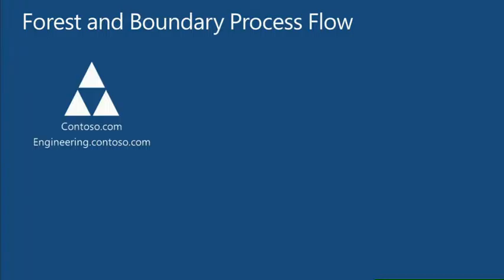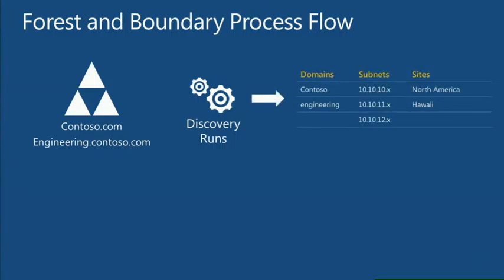So the process flow here for you is we have a forest, contoso.com, with the domain engineering.contoso.com. You go ahead and do your Active Directory Forest discovery process, and I'll demonstrate this for you momentarily. It's going to go ahead and discover the domains you have. It's going to discover all the subnets that are associated with those domains in the forest, and what Active Directory sites you have associated with those domains and in your forest.